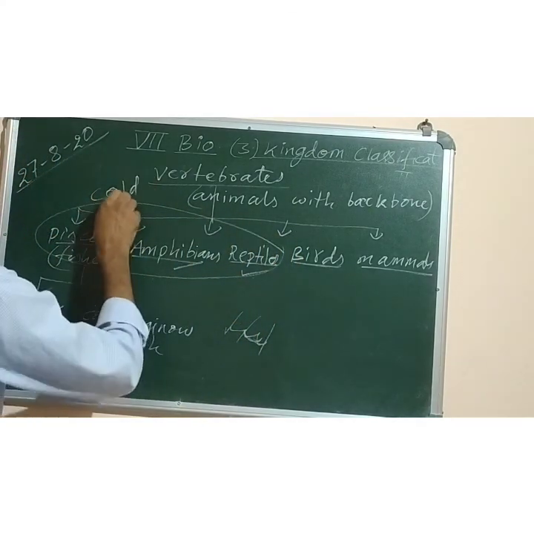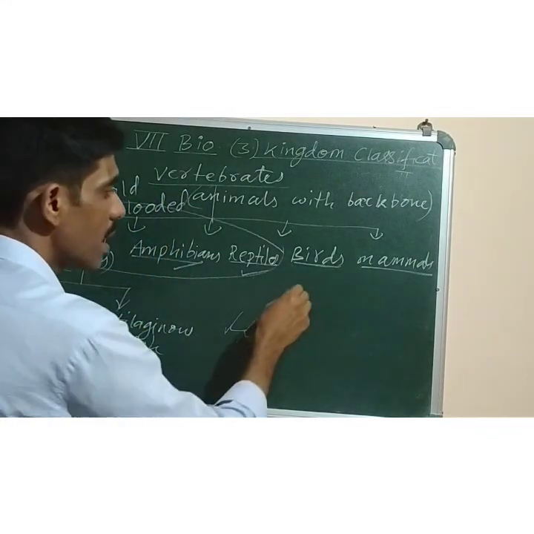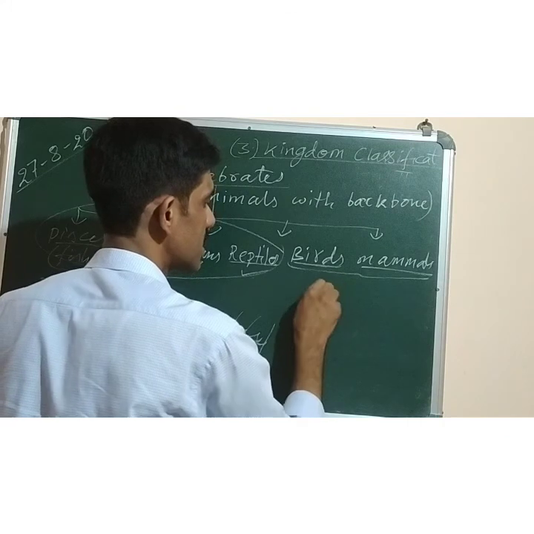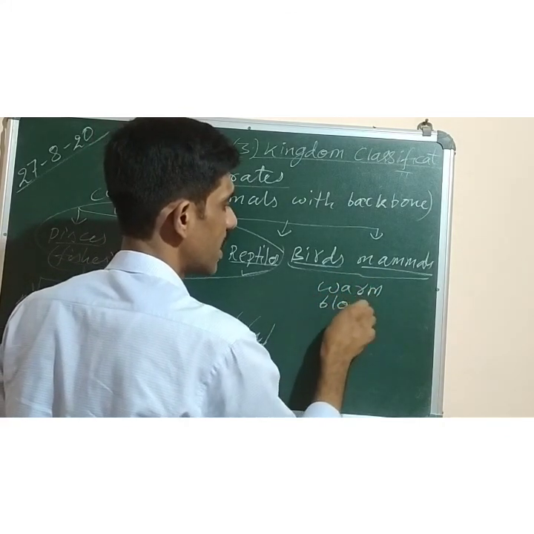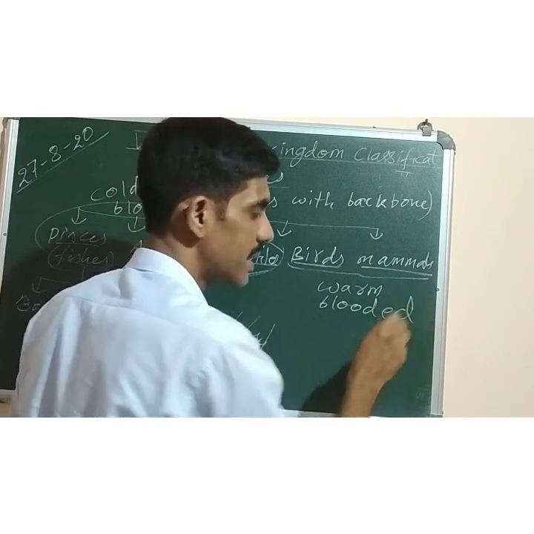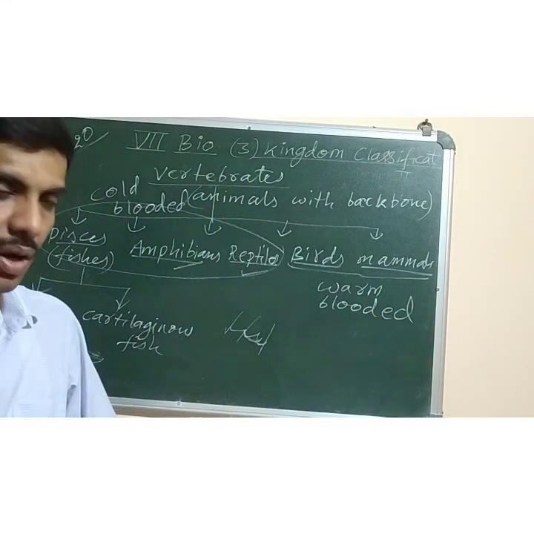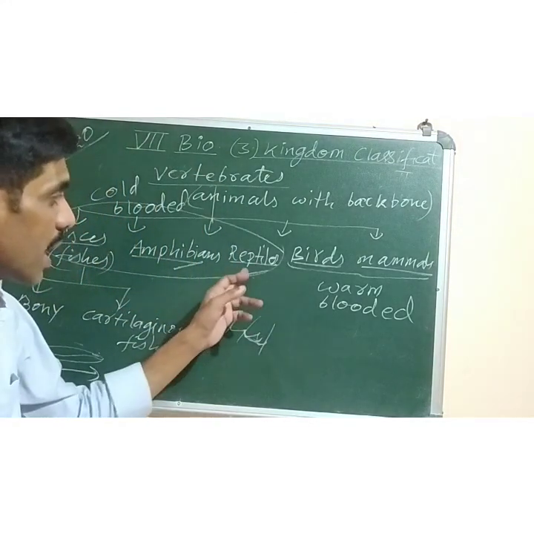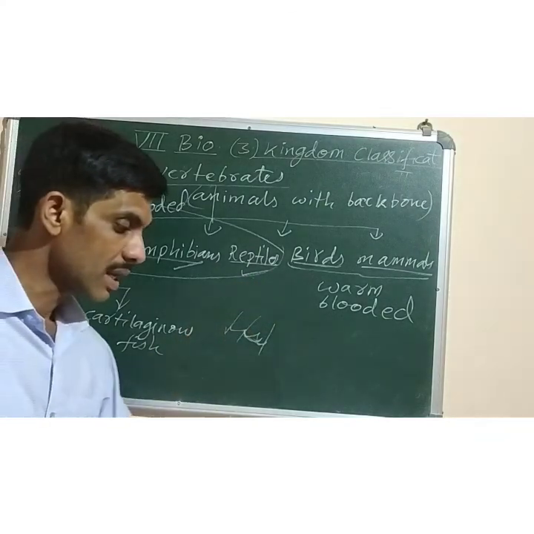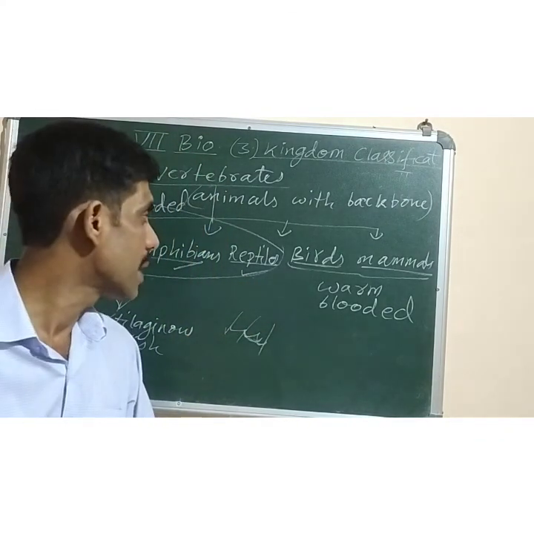Means their body temperature will change with the changes in the temperature of the surroundings. But birds and mammals are called warm-blooded. Why are they called warm-blooded? Because they have a fixed body temperature which will not change with the changes in the temperature of the surroundings. So what are the characteristics of reptiles? They breathe with the help of lungs, and snakes, lizards and crocodiles are the different types of reptiles.